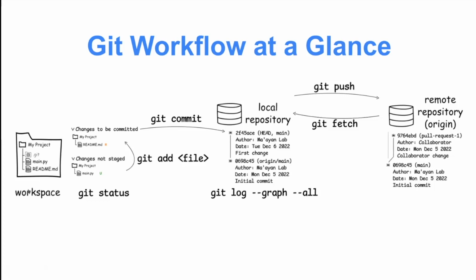So we start from our workspace, we check what is different between our workspace and what's at the top of our repository. We prepare things to be committed, and then we commit them. Once we commit them, we create a commit.